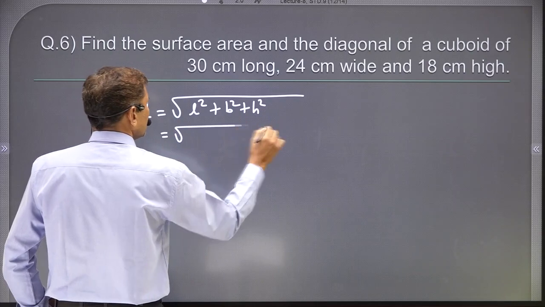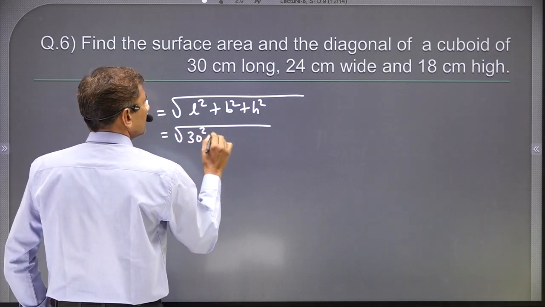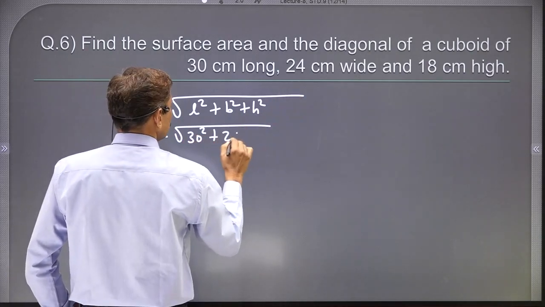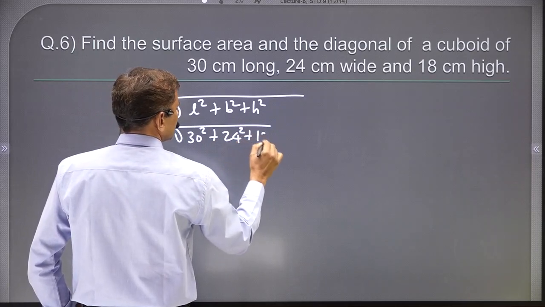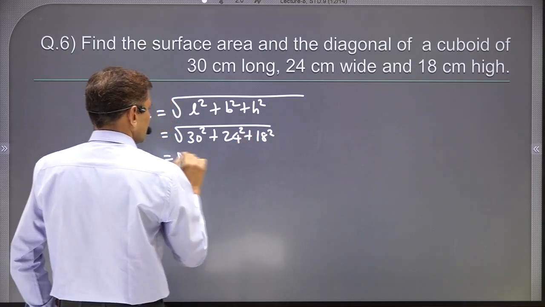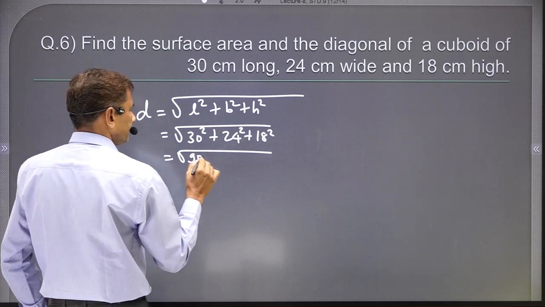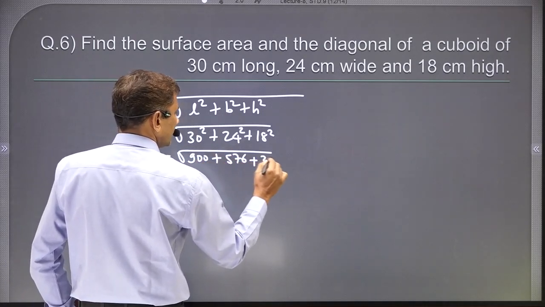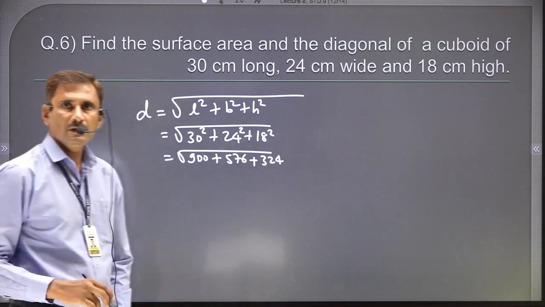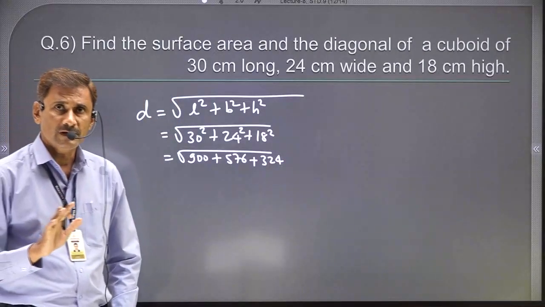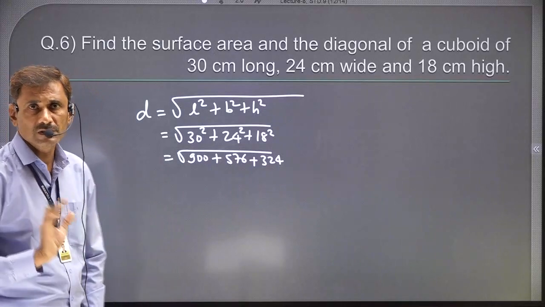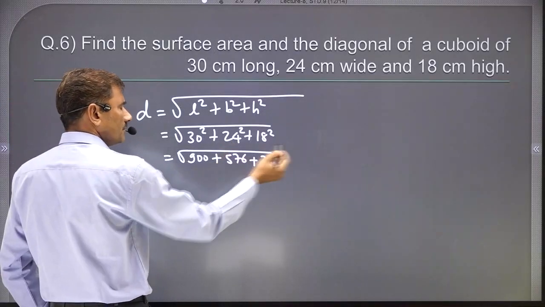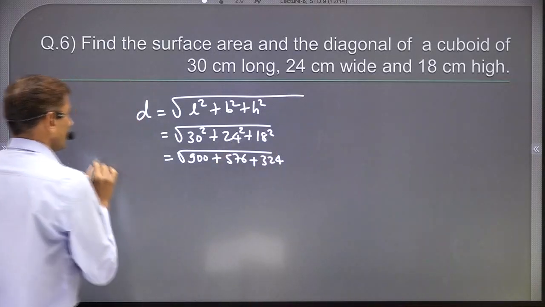So it will be 30 square plus 24 square plus 18 square. It will be 900, 576, and 324. You should remember squares up to 25, or at least up to 20 compulsory. If you don't remember 24, you can count it. Now add all of them.